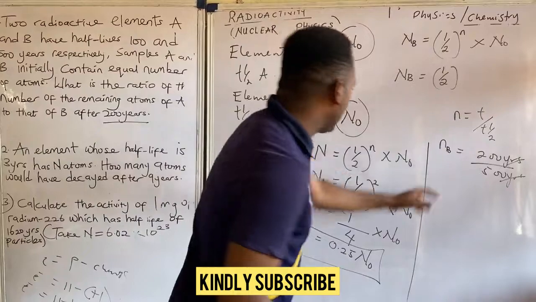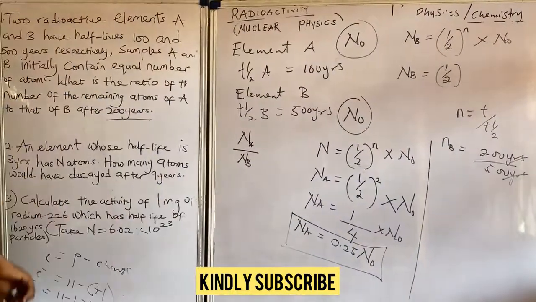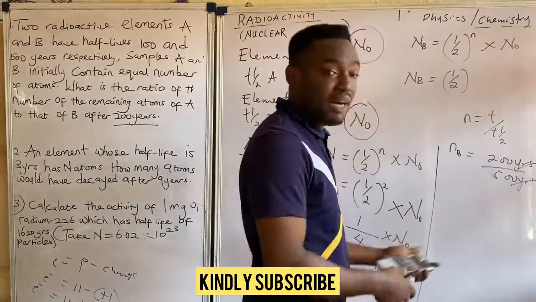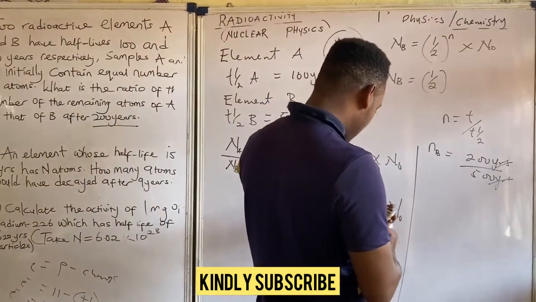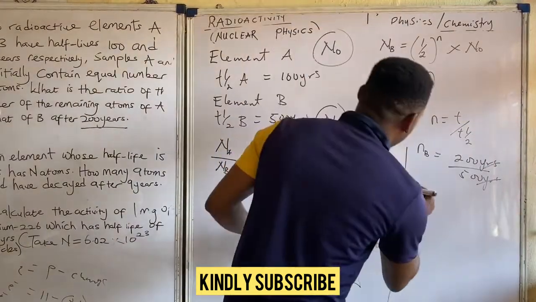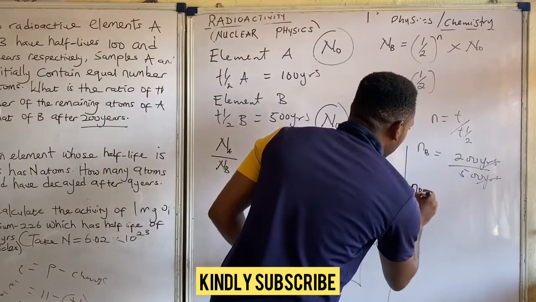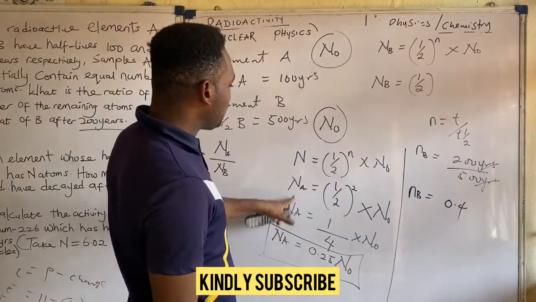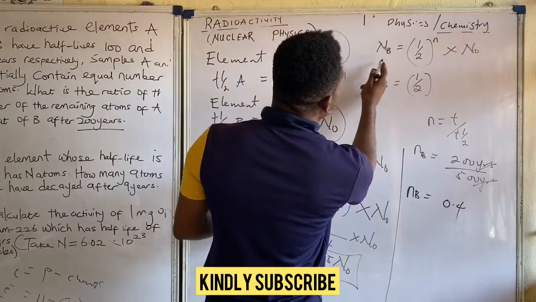Alright, so that's how we get the number of our small letter n for B. So we're going to point 200 by 500, we get 0.4. So I have my n for B becomes 0.4.